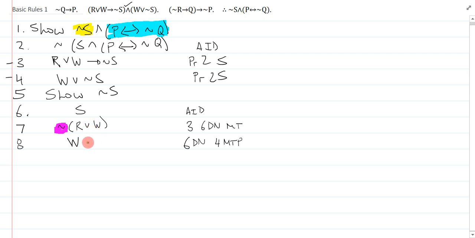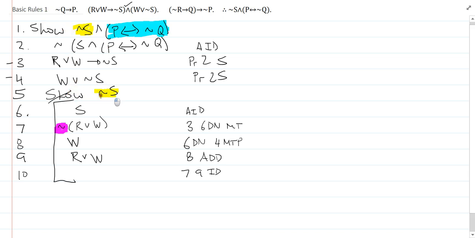No. Do I have W? Yes. So I can use the good old add rule, addition, to build R or W from line 8, add. On line 10, I can just say, oh look, there's a contradiction with 7, 9, ID, box, and close. Well, so that wasn't so bad at all.